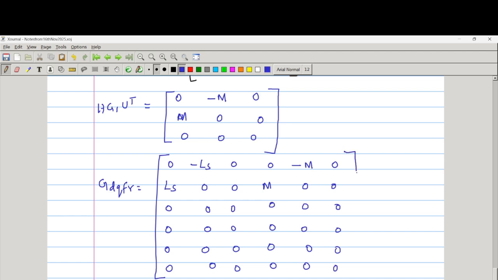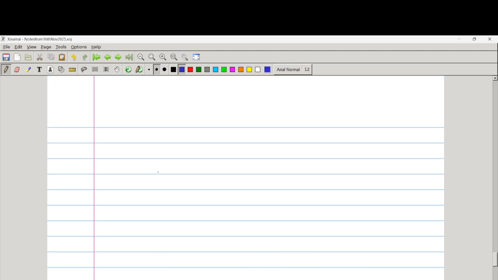So this is the matrix of GDQFR. When we substitute all the values, we will end up with this final matrix, and we have to write it in matrix form.